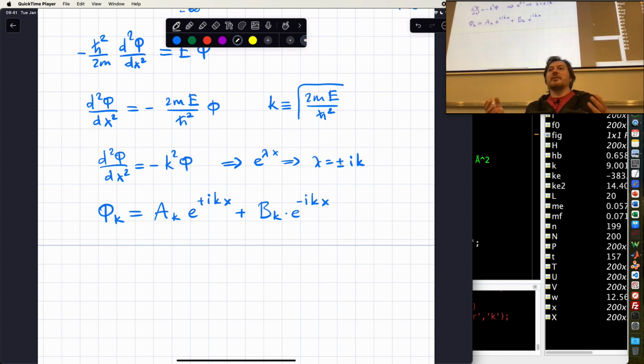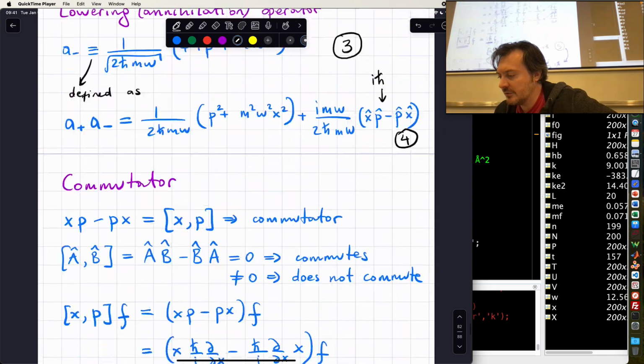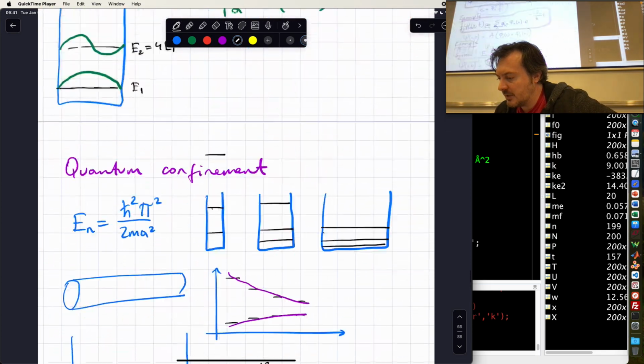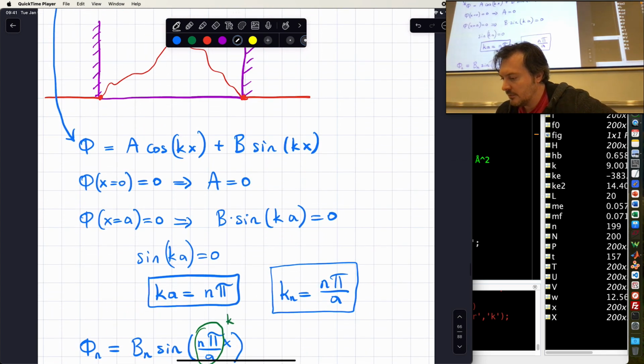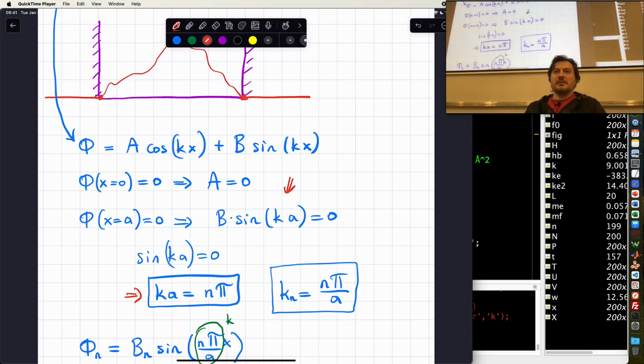Why? What is the difference? Why in particle in a box? Do you remember where the discretization was coming from? Let's remind ourselves where the discretization came from. Especially in the particle in a box, it's easier to see. Discretization in particle in a box came from the boundary condition that was telling us that phi had to go to 0 at the boundary.